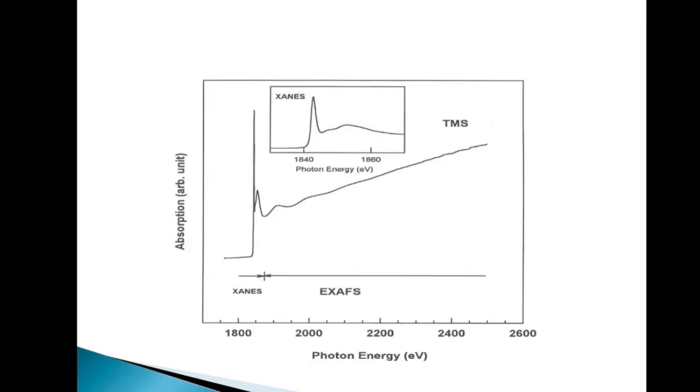This is the graph showing how the intensity of X-rays and the photon energy vary with respect to the absorption of the X-rays. Initially it is higher, then comes to lower, and then increases in a constant way.